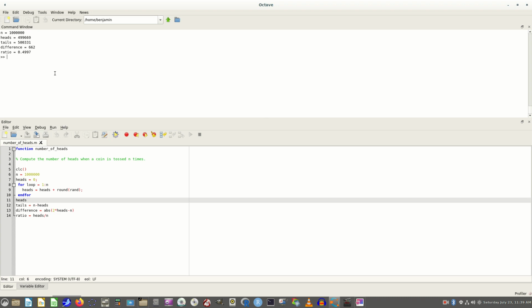Looks like this time more tails. In fact, 662 more tails than heads, but still really close to 50% of the tosses resulted in a head. 49.97 is the ratio of heads to the total number of tosses. And now it looks like we've got 974 more heads than tails, really close to 50%, 50.05.